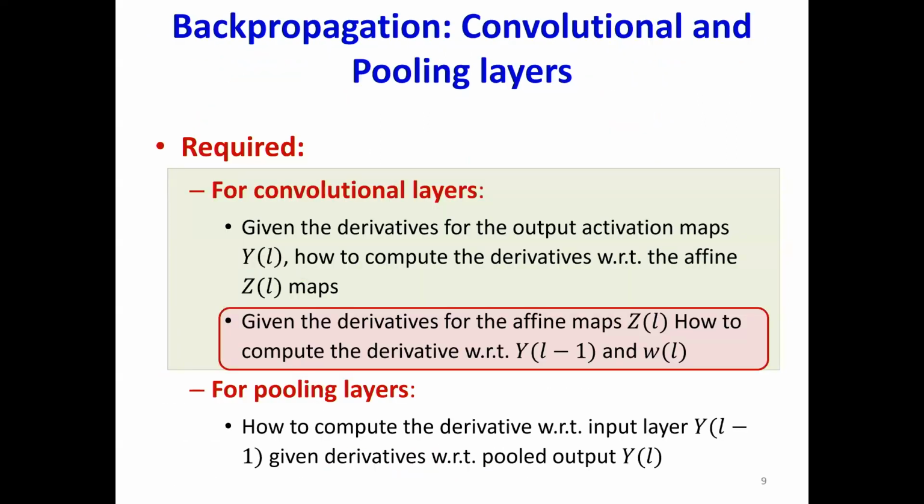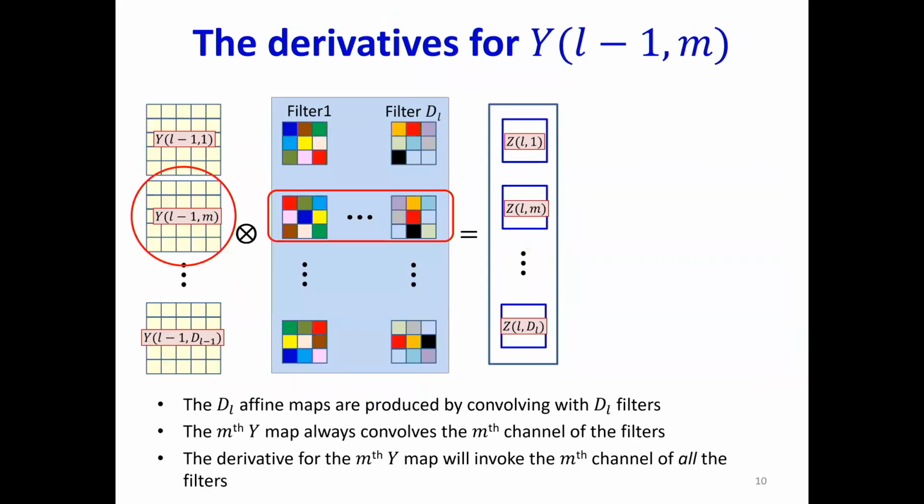Again, we explained this in great detail, but here's what happened. You had a collection of input channels or input maps, right? And then you had several filters. Each filter in turn had several channels, as many channels as input channels. So in order to compute the derivatives for any input channel here, you would have to consider all of the output channels, and each output channel is going to interact with this guy through the corresponding channel of the filter which generated this output, right?